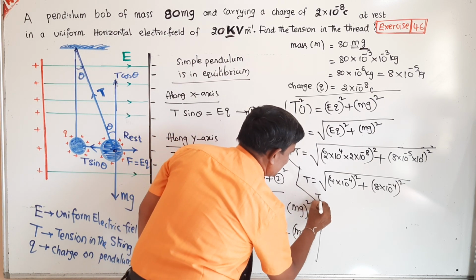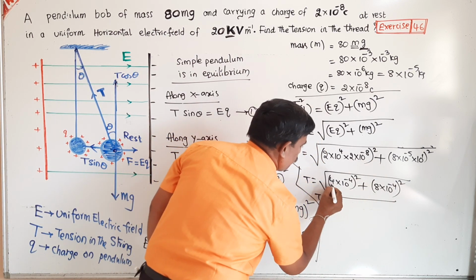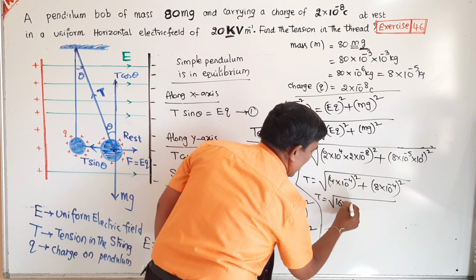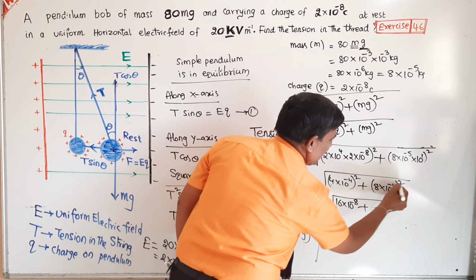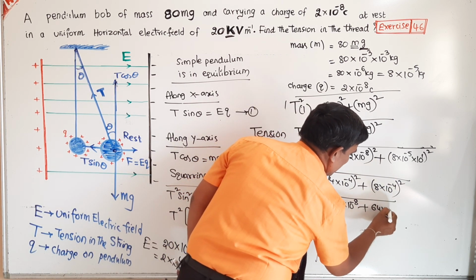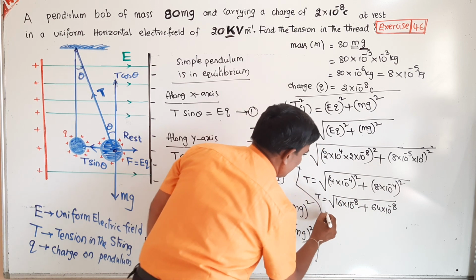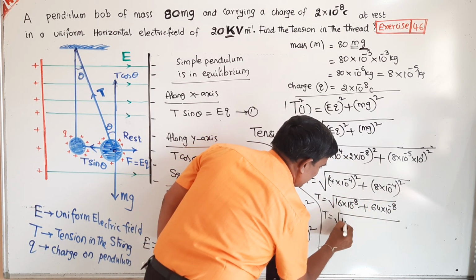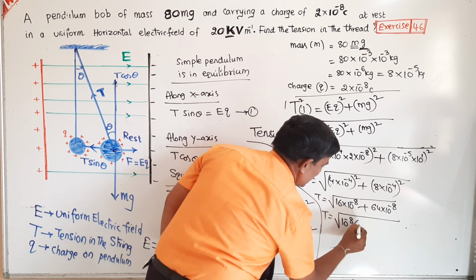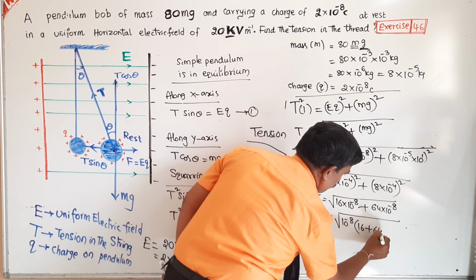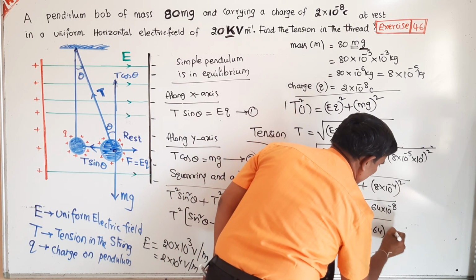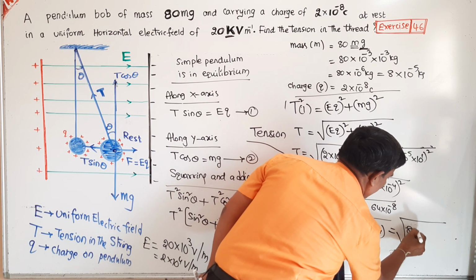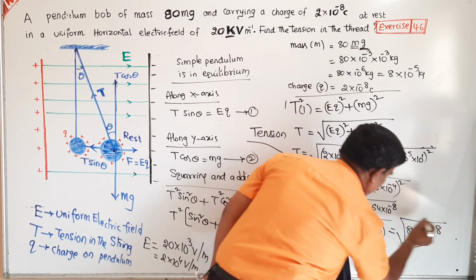Here T is equal to under root of, 4 square means 16 into 10 power minus 8, 8 square is 64 into 10 power minus 8. T is equal to 10 power minus 8 common, 16 plus 64, that is 80 into 10 power minus 8.